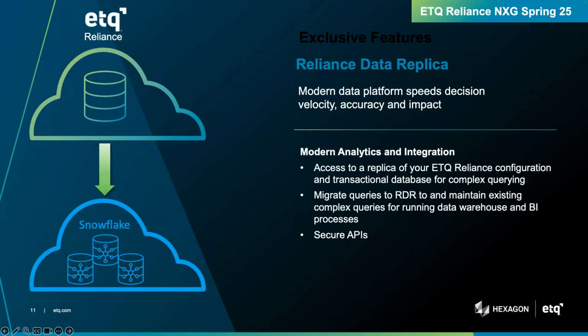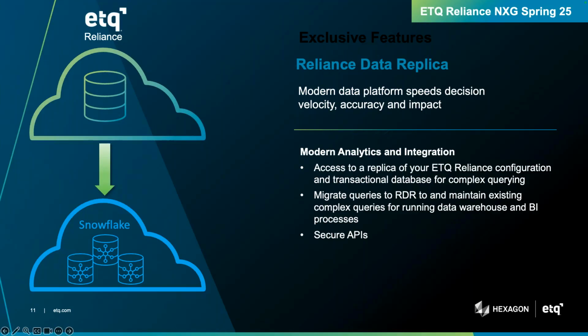So looking ahead to the spring 25 release, it'll be here before we know it, is a sneak peek for Reliance Data Replica. It will have robust analytics and integration, and the predictive quality analytics will enable the analysis of manufacturing data, including quality control data to identify and automate the resolution of quality events.